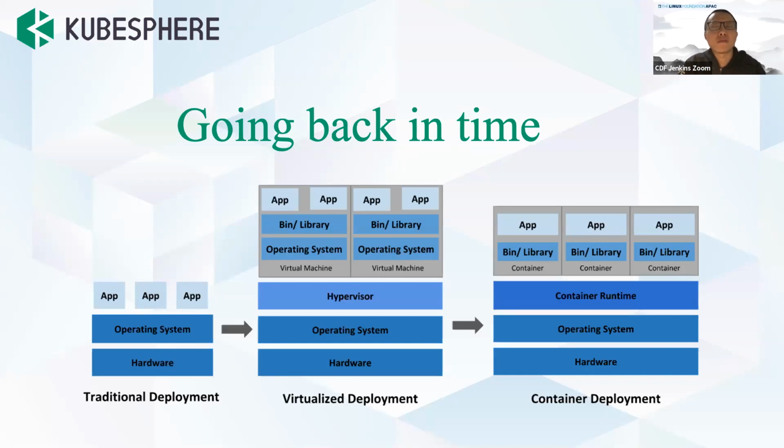We normally need to install a lot of dependency packages before we deploy the application. We even need to deploy middleware, such as a database. Another phase of development is virtualized development.